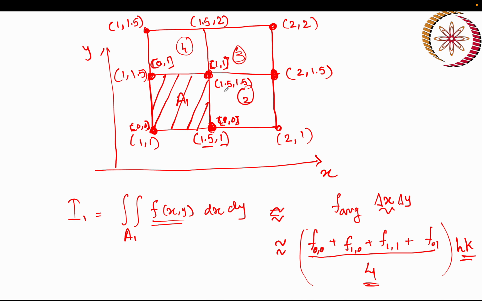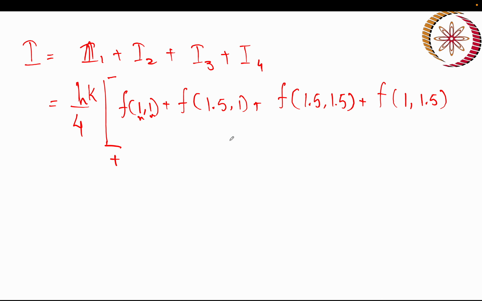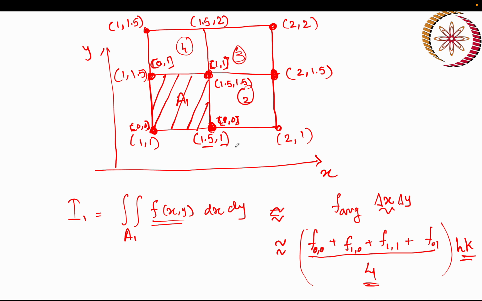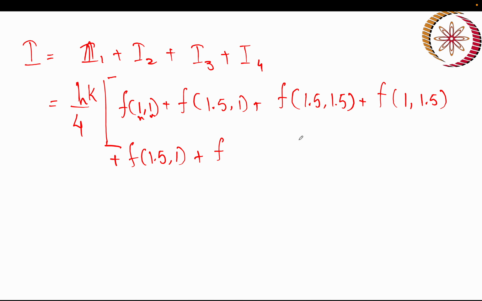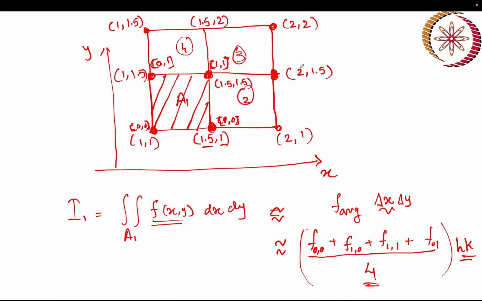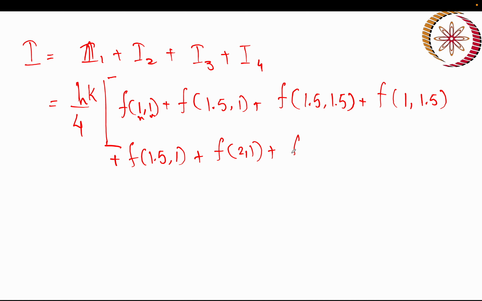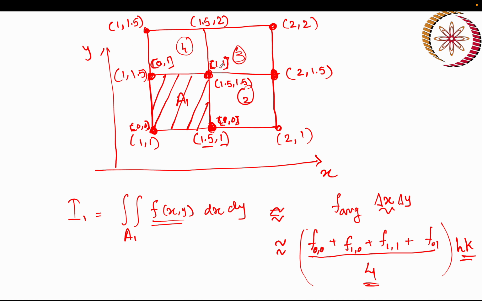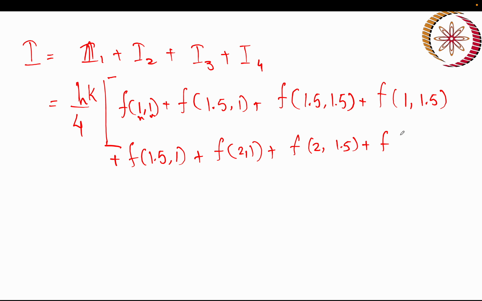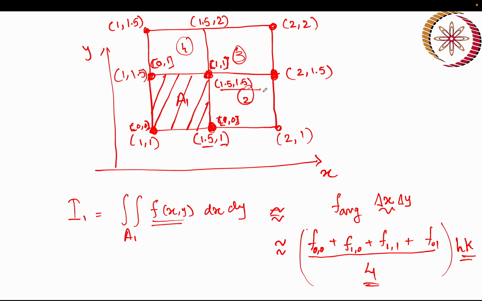Similarly, we have to write for the next area. So we'll start with f of 1.5 comma 1 plus f of 2 comma 1, f of 2 comma 1.5, f of 1.5 comma 1.5.